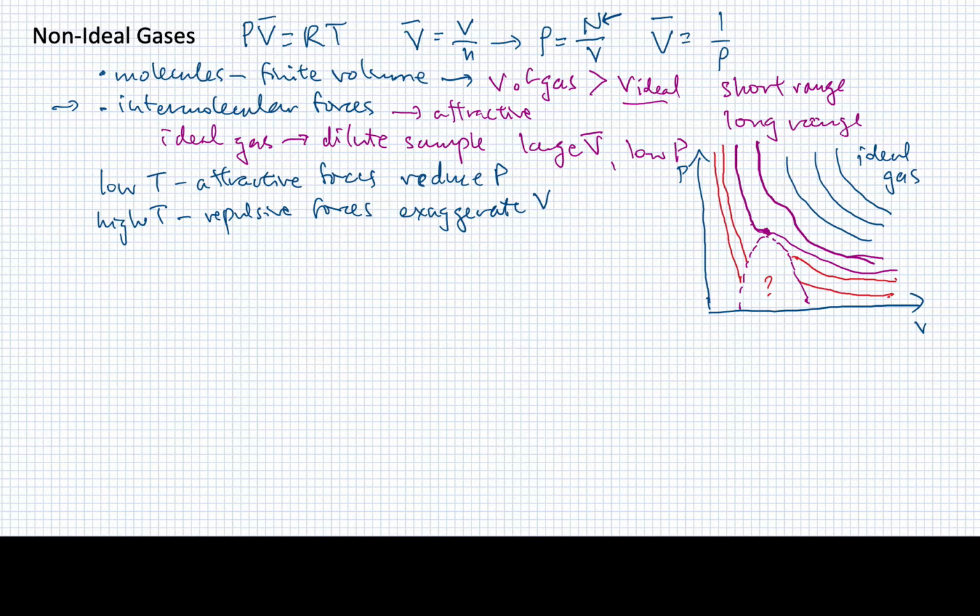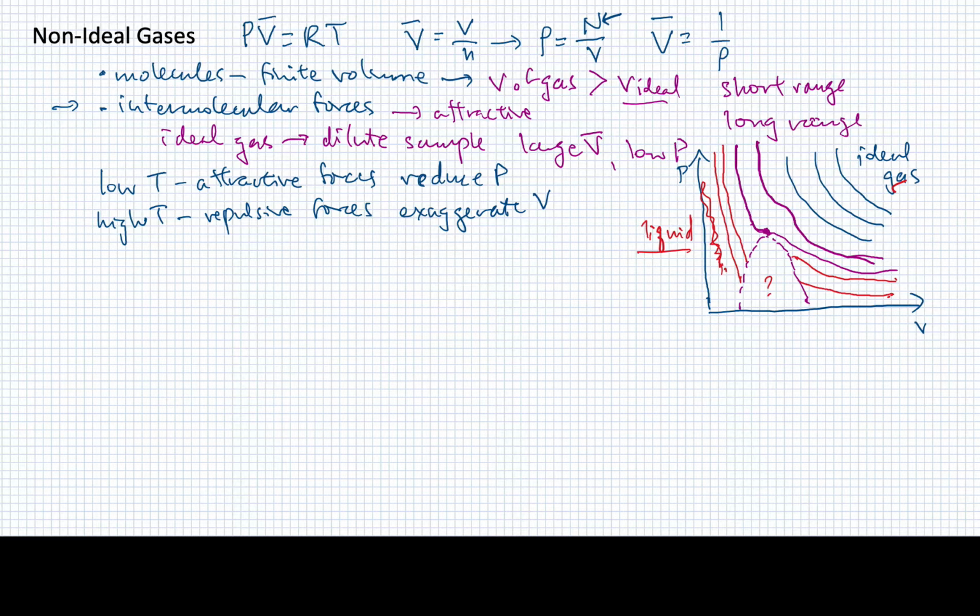Now, we get a clue as to what that something different is if we look at what's happening over on this low volume end of this PV diagram. What's happening over here is that we now have a liquid. So in other words, the gas up here has properties that allow it to condense.